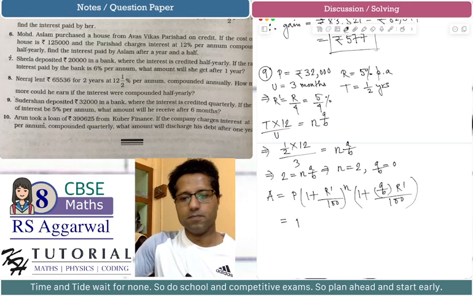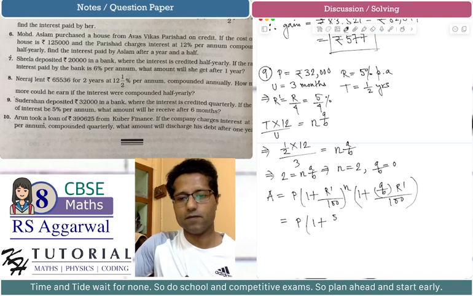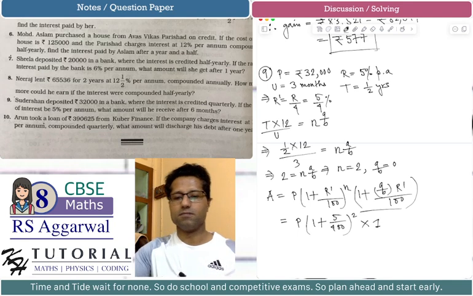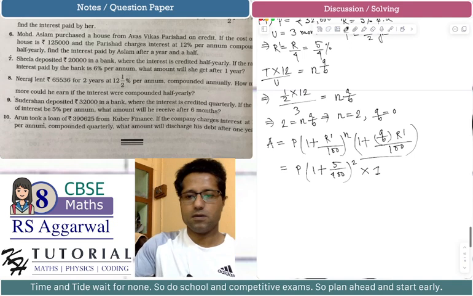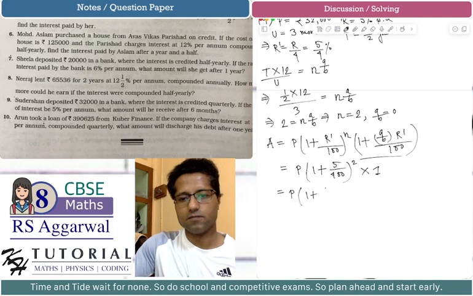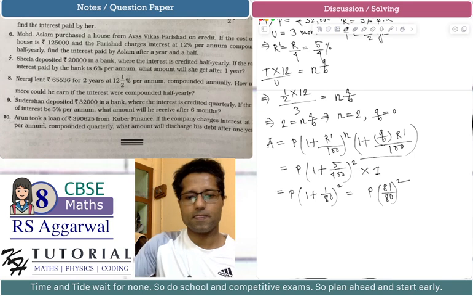R dash is equal to 5 by 4, so 5 by 400, n is 2 so square, and this part is 1 because the fraction a by b is equal to 0. This is equal to P multiplied by 1 plus 1 by 80 whole square. So this is equal to P multiplied by 81 by 80 square.